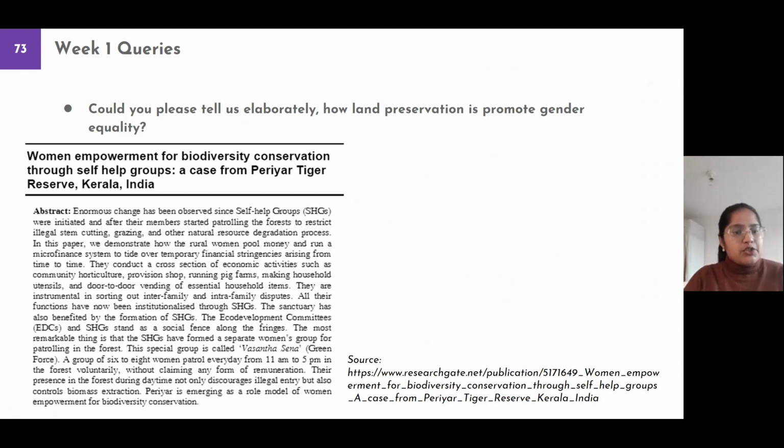Also, because they are patrolling these areas, they're also using the forest resources in a sustainable way to manage their livelihoods. So this is just one of the examples of how they have become like a self-help group, an empowerment example promoting gender equality.